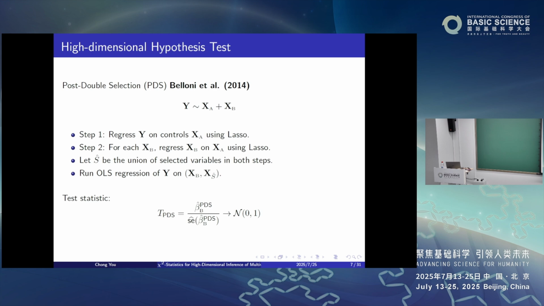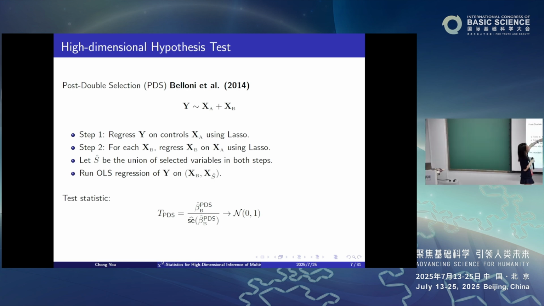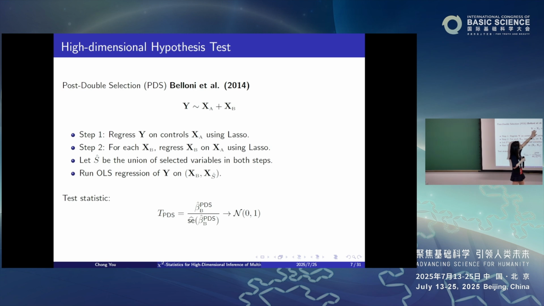If they are independent, the estimate wouldn't be affected by omitting XA. So this high dimensional test becomes a low dimensional one, because what is high dimensional is this one; this one shouldn't be high dimensional, but it is.